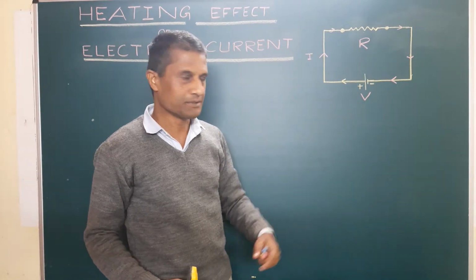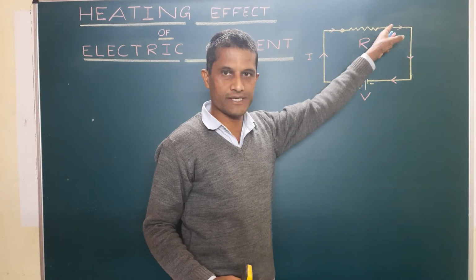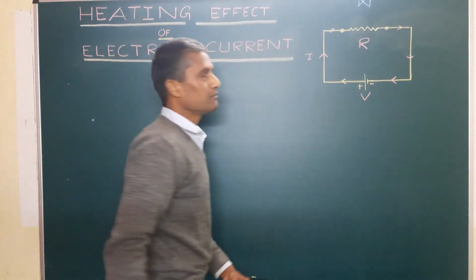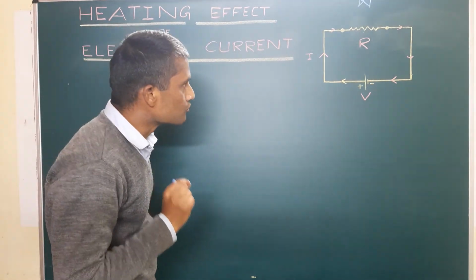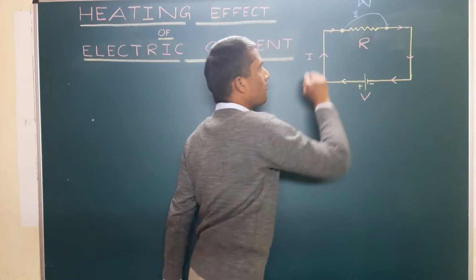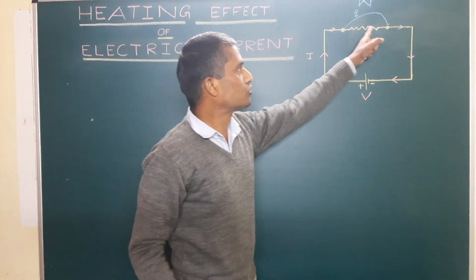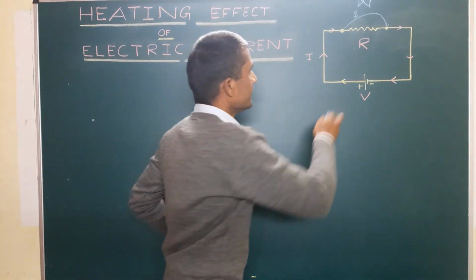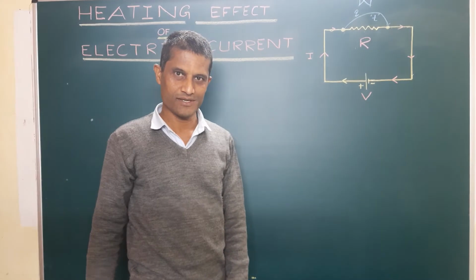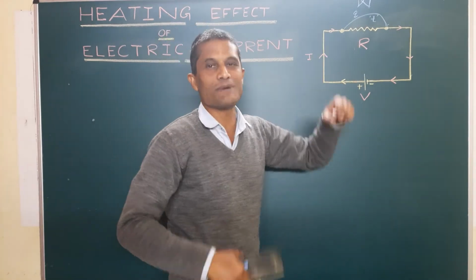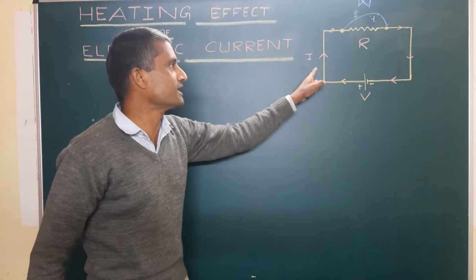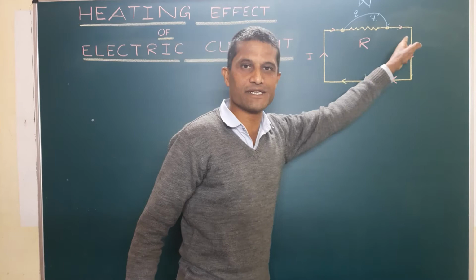So here, what we are going to say is, let W be the work done, because charge has to move from one end to another end. Let W be the work done to bring Q charge from one end to another end through resistance R in time t under the action of potential difference V. So the current I, because charge is flowing with respect to time, is flowing through this resistance.